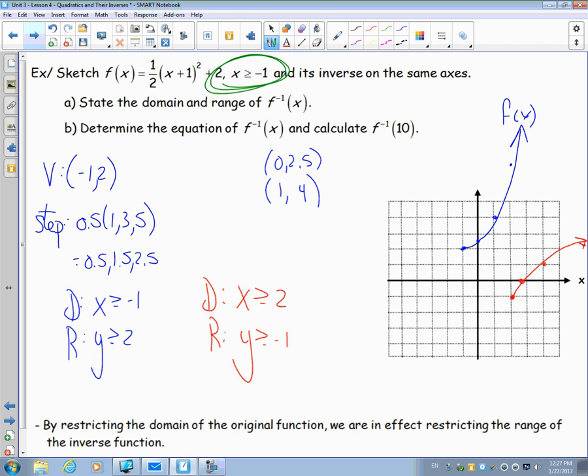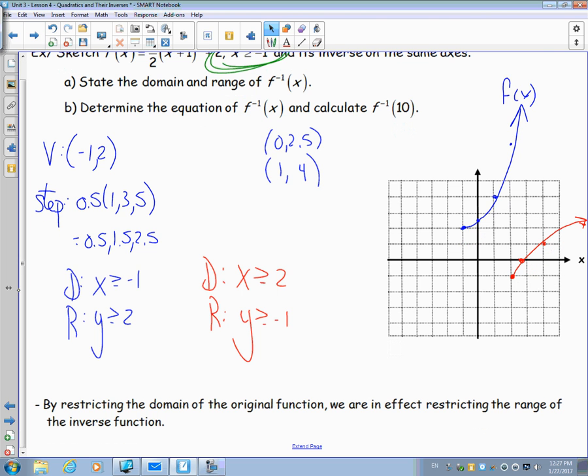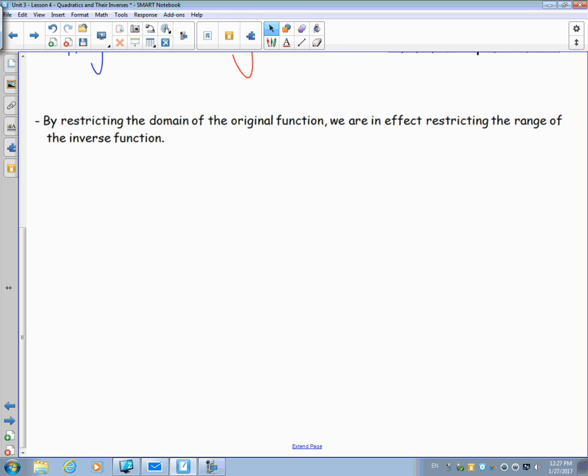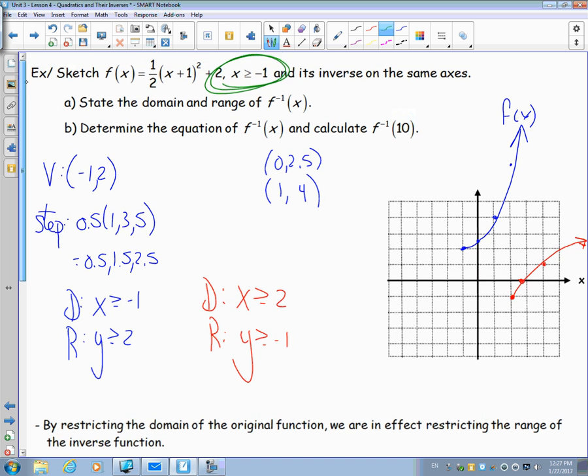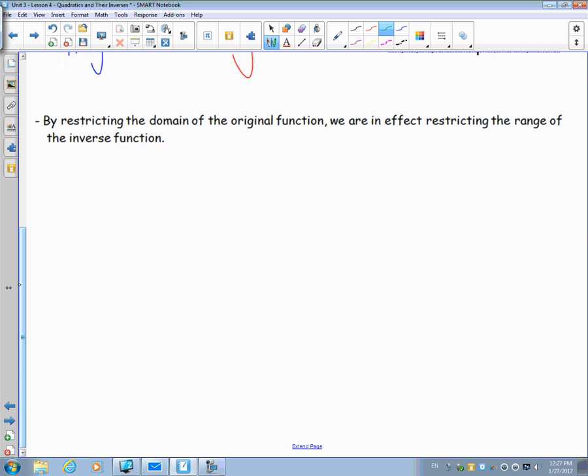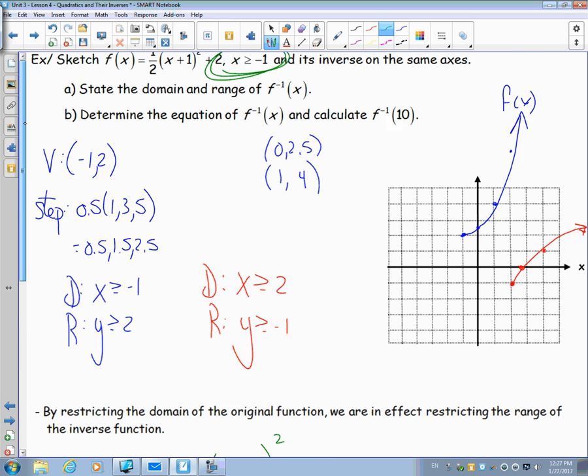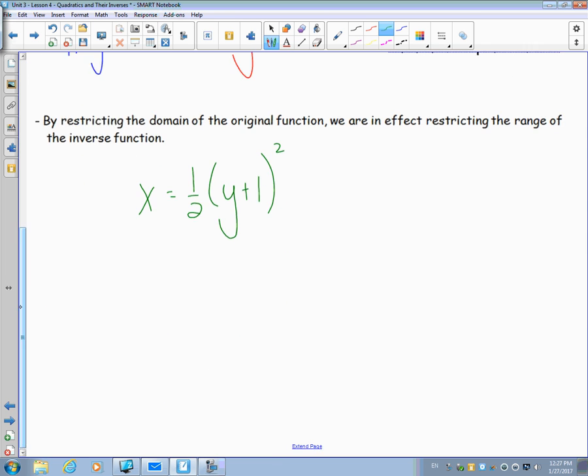And then we want to find our equation. So let's take some space here. Okay, so our equation. First thing we need to do is we need to swap the x and the y. So x equals now, x equals 1/2 bracket y plus 1 squared, and then plus 2.